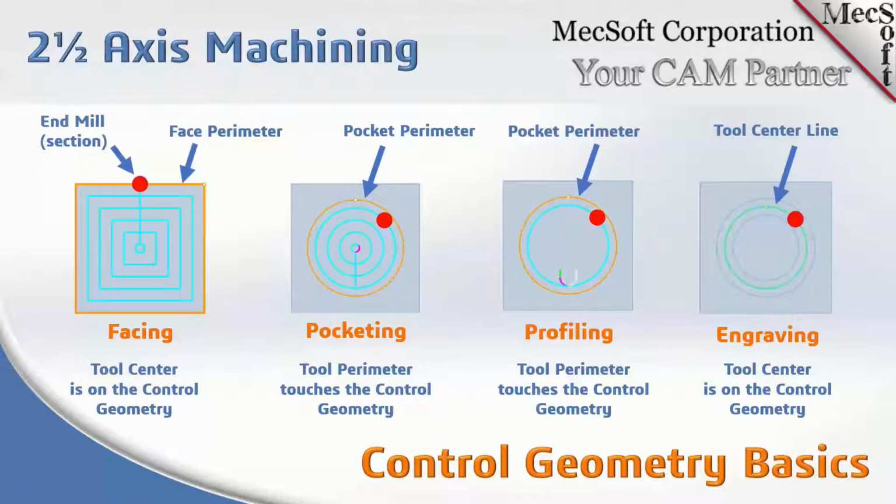So it's really a core type of machining operation. While pocketing, you're machining a cavity where you cannot enter from the outside. It's enclosed on all sides, so you'll have to enter inside of the perimeter of the control geometry. So if you're oriented that way, that might make it easier to think about facing and pocketing in that fashion.